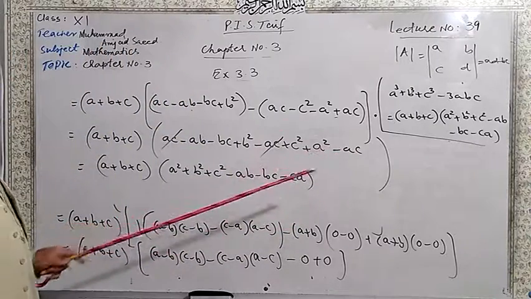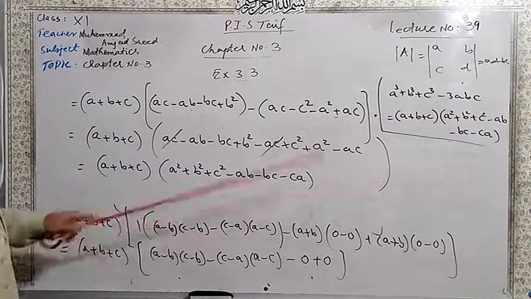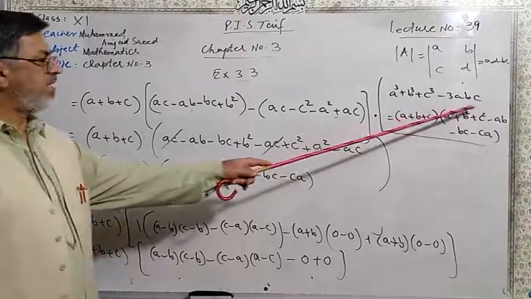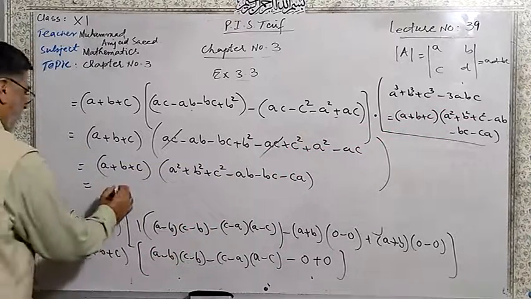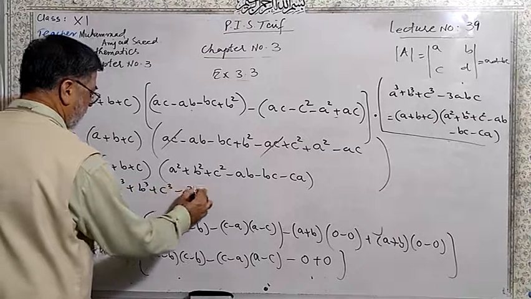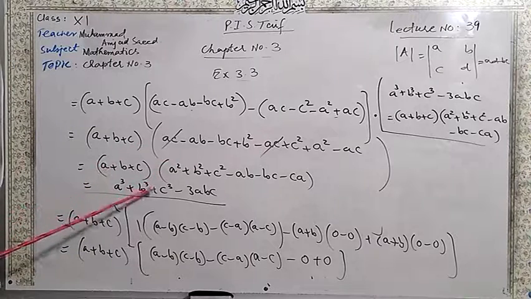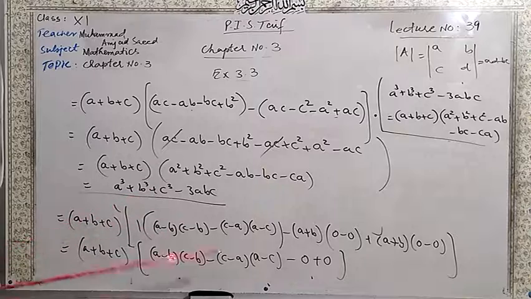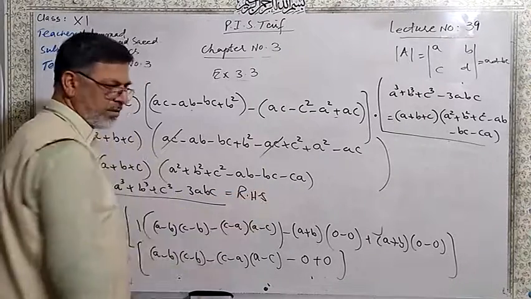So you can check your right hand side has A plus B plus C into A square plus B square plus C square minus AB minus BC minus CA, which is equal to A cube plus B cube plus C cube minus 3ABC. If you multiply them, the terms will be cancelled out and you will get this answer. So that is equal to right hand side. That's your answer.